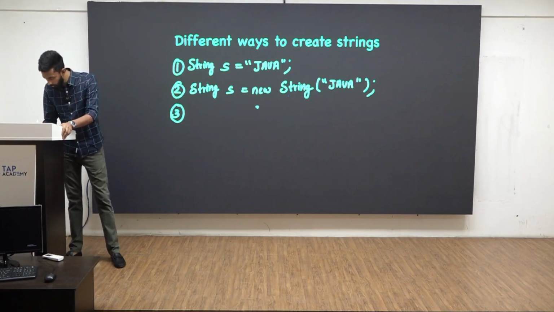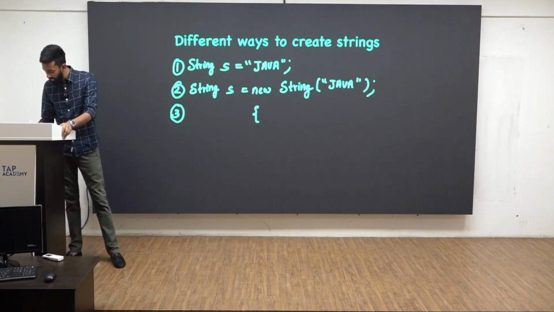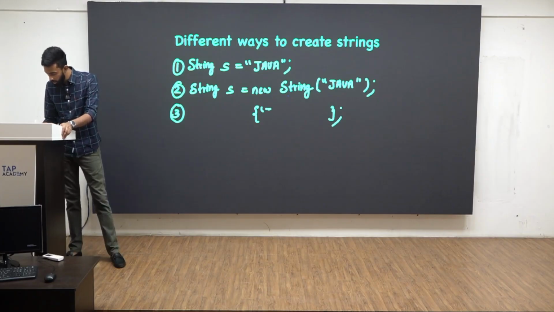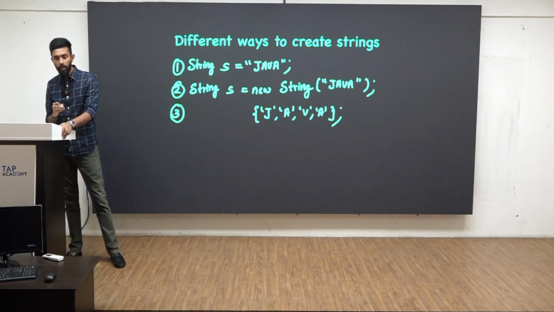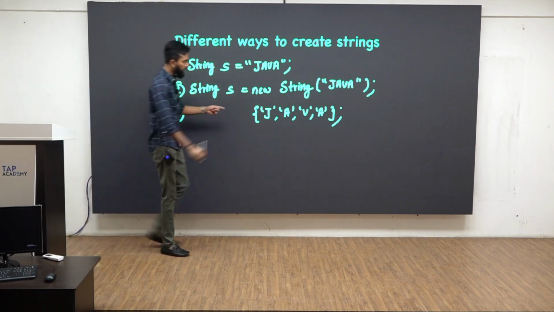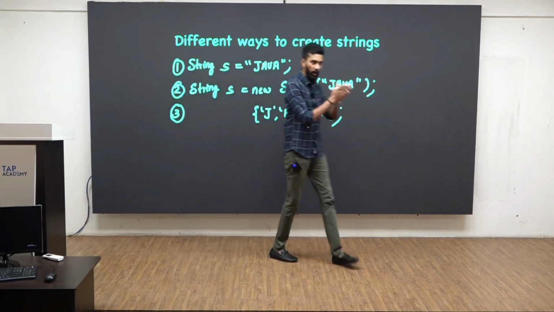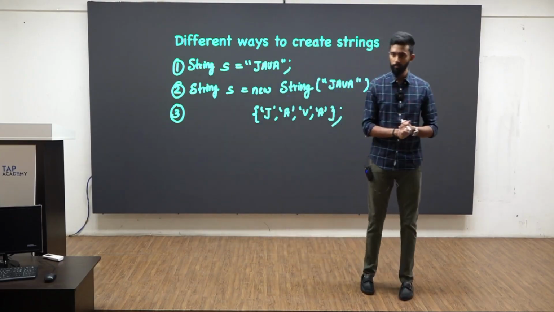So first I will put curly brackets like this, and inside these curly brackets, I will now write J, A, V, A. In other words, I have created an array of characters. This is also possible. Correct?